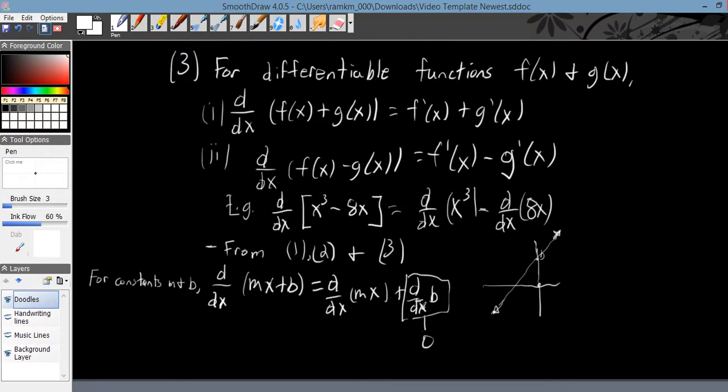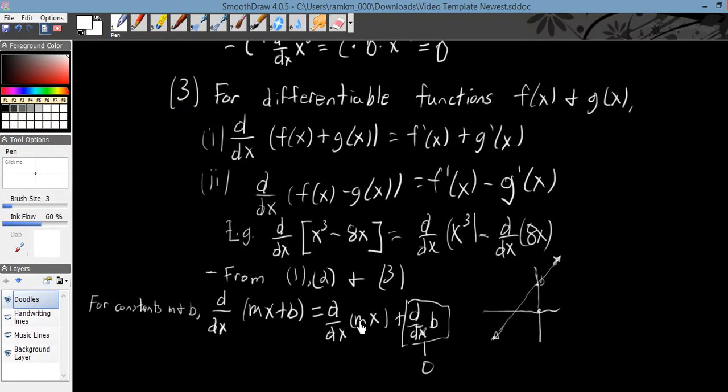And we know here we have a scalar multiple m times x, so this is just going to be m times the derivative with respect to x of x. And that's going to be m times, well, this is x to the 1, right? Derivative with respect to x of x to the first power.